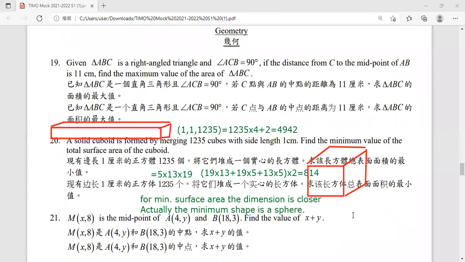For the maximum, you make one of the dimensions very large, and then you will have maximum area. So the answer for this question is 814.